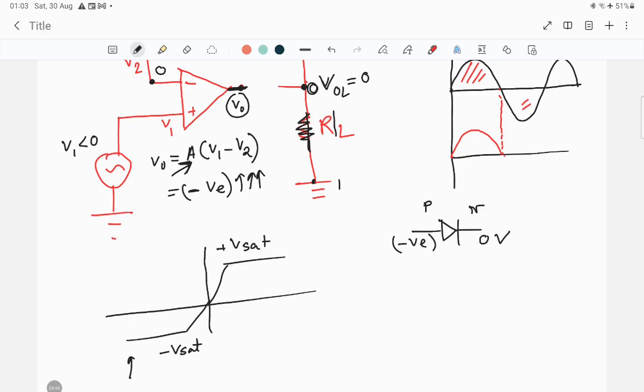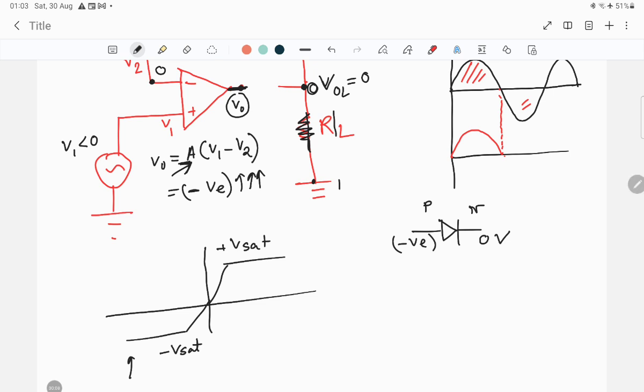That's why there is a limitation of this precision rectifier: you cannot work with it for very high frequency signals. You can only work with a very low frequency signal.